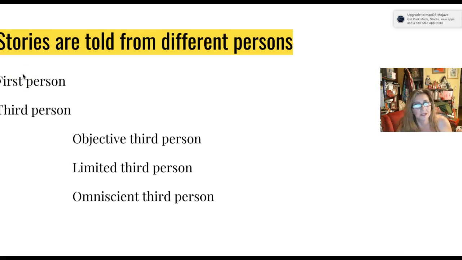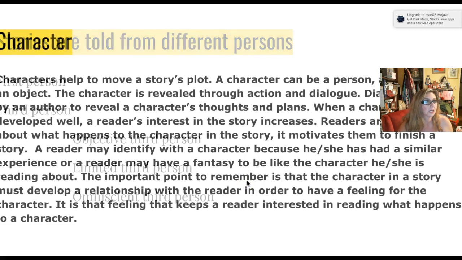The Great Gatsby is told in the first person by the narrator, who is actually in the story, and Nick is the person who's narrating the story. But oftentimes books are told in the omniscient third person. It's just an easier way for authors to tell a story.